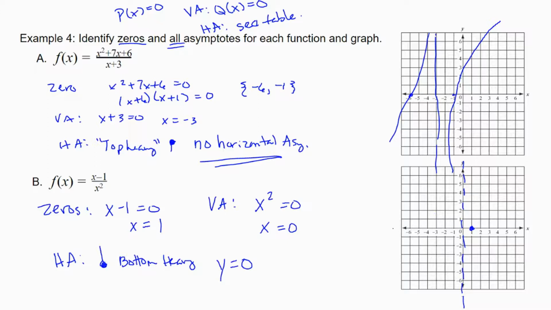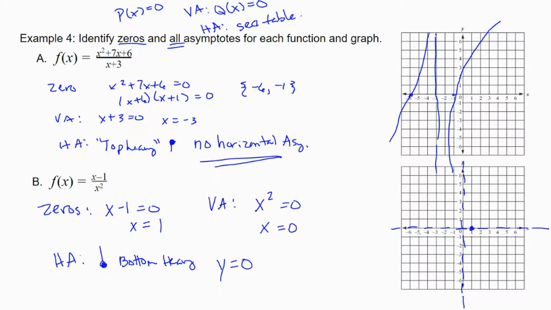All right, so this is my horizontal asymptote. And we need to figure out what this graph looks like. So you may be thinking, wait a minute, Ms. Bettis, we have an intercept at 1, but we have a horizontal asymptote that's also at y equals 0. And that intercept is on the horizontal asymptote.